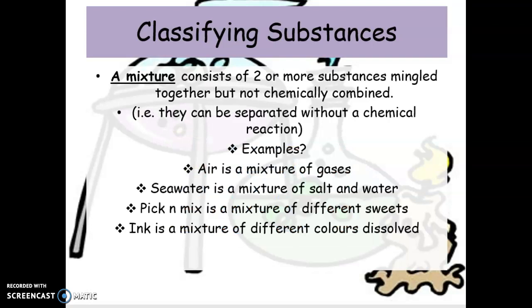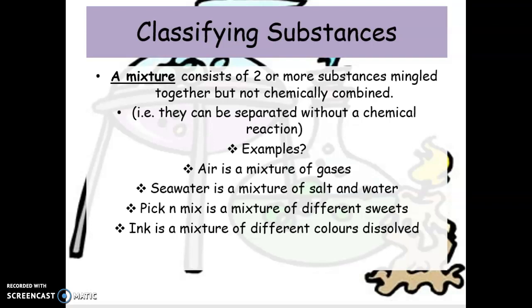So with a mixture, you have two or more substances mingled together but not chemically combined. As a general rule, mixtures can be separated without doing any sort of chemical reaction, so by doing simple things like filtration. If you have sand or mud and water, you can filter it, and that's an example of a mixture. Some examples of mixtures are air, which as you know is made up of oxygen, nitrogen and carbon dioxide.